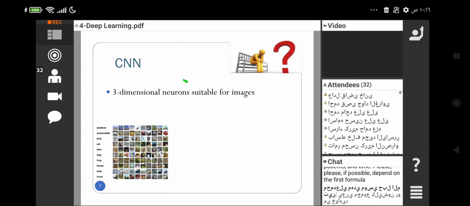Okay, so CNN has fewer inputs than a normal neural network because it has three-dimensional neurons. The number of inputs in CNN is less than in a normal neural network. That's what we are saying in this slide.